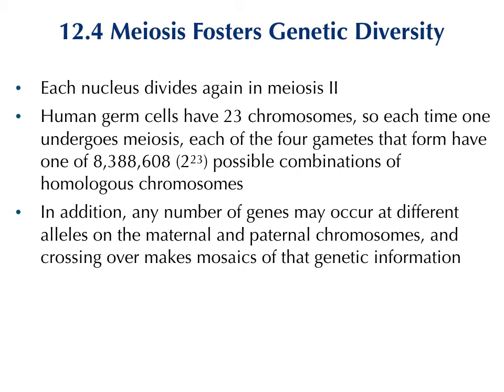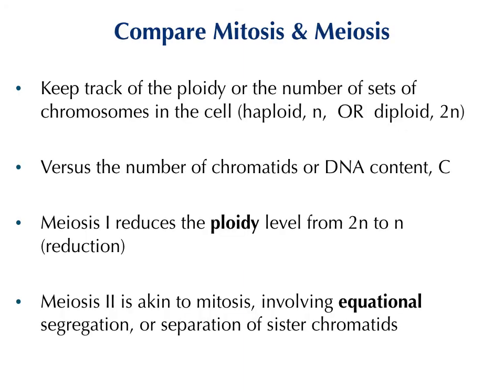In addition, any number of genes may occur at different alleles on the maternal and paternal chromosomes, and crossing over makes mosaics of that genetic information. So keep track of the ploidy, or the number or sets of chromosomes in a cell. Is it haploid or N, or is it diploid or 2N?